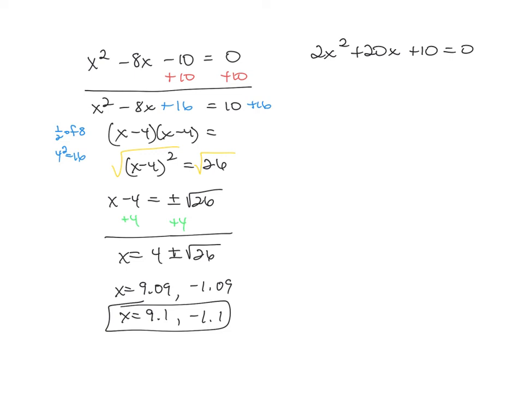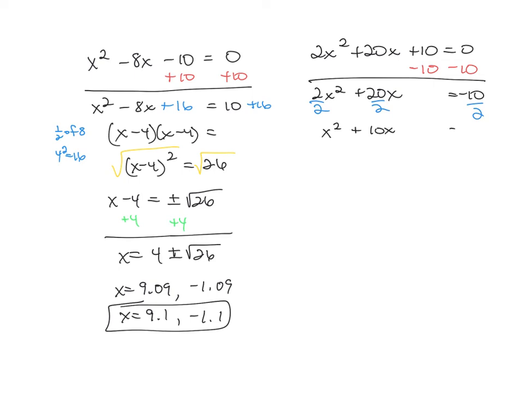Okay, so move the C. Divide by A, so this one actually has an A, so you need to divide on all of them. All right, do half the B term, half of 10 is 5, squared is 25, add it to both sides.